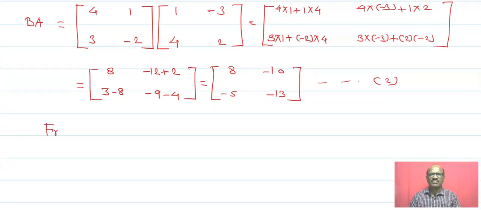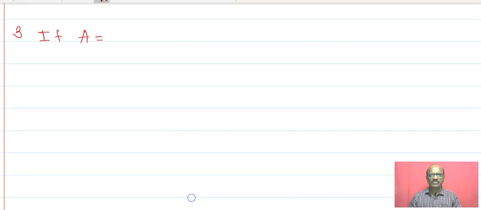And therefore from 1 and 2, AB is not equal to BA, meaning matrix multiplication is not commutative.